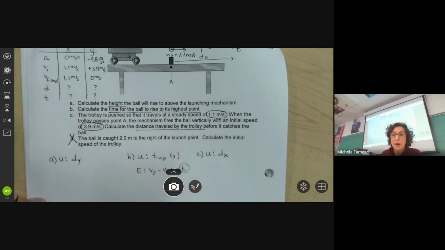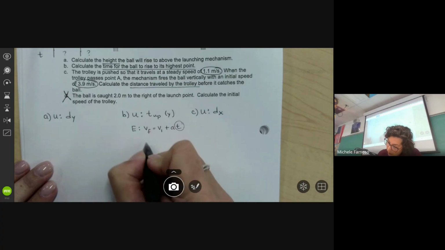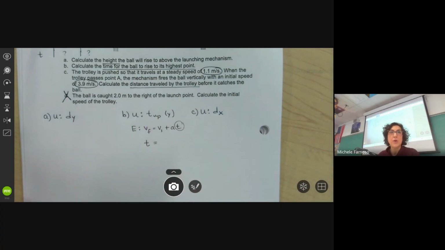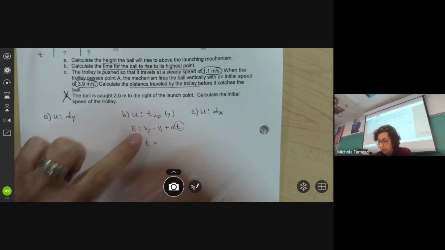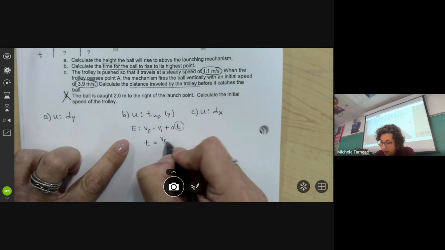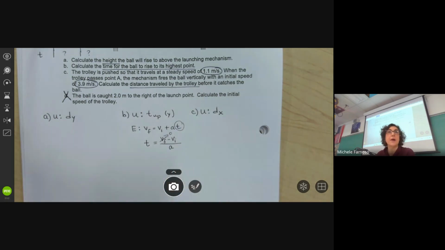So now we got to move it around to solve it for T, which means that the time equation would be what? Eric, can you tell me? Why is that? Yeah, and I'm going to show that here. So T equals VF minus VI over A, where that VF is 0.